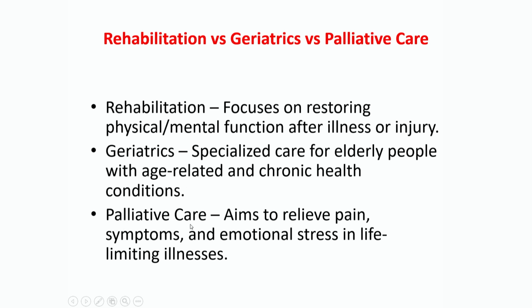And palliative care aims to relieve pain, disease symptoms, and emotional stress. Pain is very important. Mostly palliative care is given to cancer patients. In cancer patients the pain is very unbearable and no treatment is there. They ultimately go to morphine. But that pain can be managed by your emotional feeling, by counseling also.